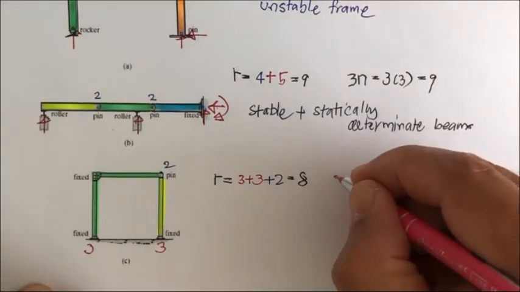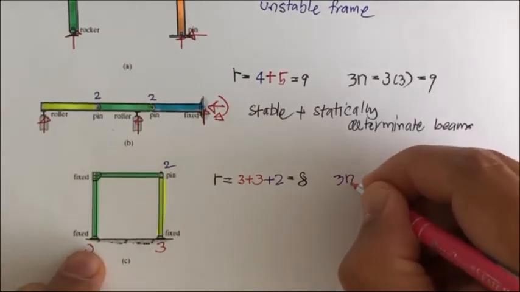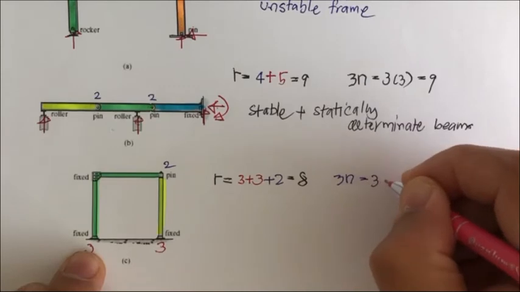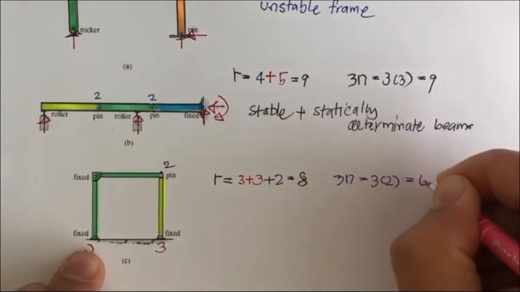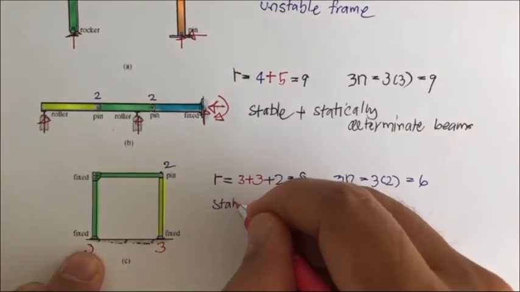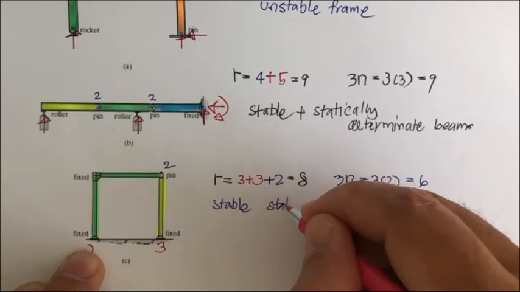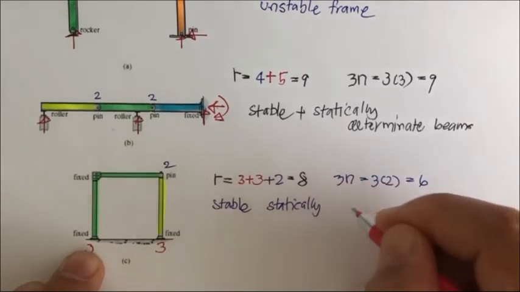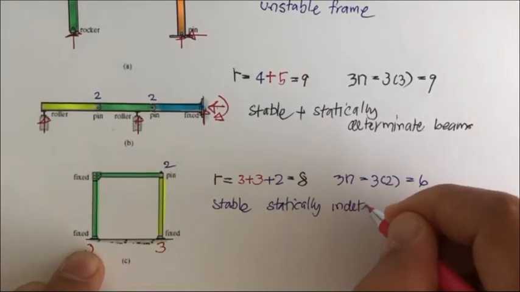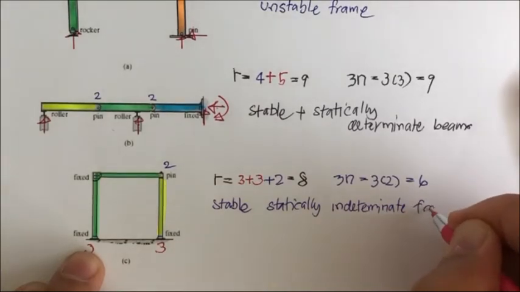For the equations of equilibrium, 3 times the number of free body diagrams is going to be 3 times 2, which is 6. Okay, this frame is going to be stable for sure, and it's going to be a statically indeterminate frame.